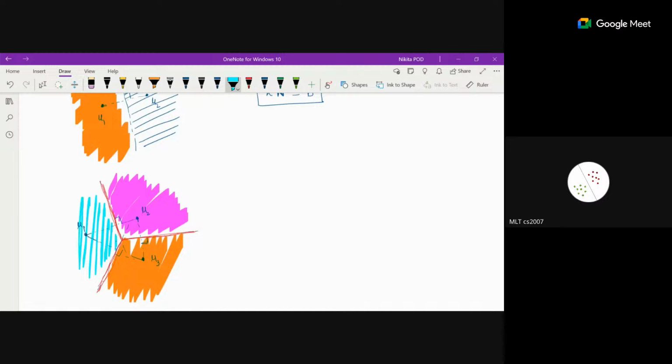So this is what is happening. And these different regions that we have obtained are called the Voronoi regions. I hope that is clear. So this was about the Voronoi regions.